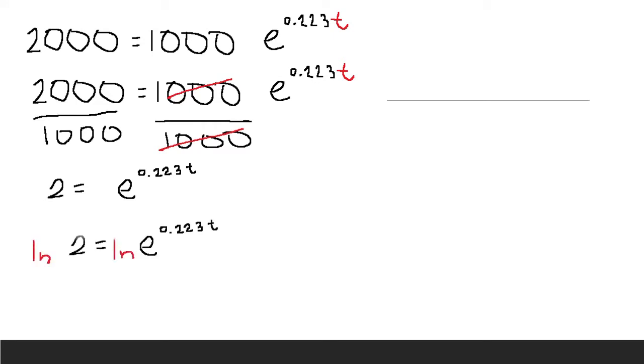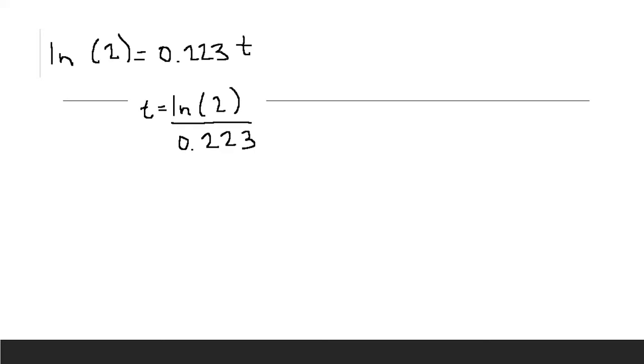This will allow us to take this exponent and move it to the front. So the natural log of 2 is equal to 0.223 times t multiplied by the natural log of e. And the natural log of e is 1. So ln 2 is equal to 0.223 times t. So the time it takes for it to double is simply ln 2 divided by the rate constant k, the relative growth rate.